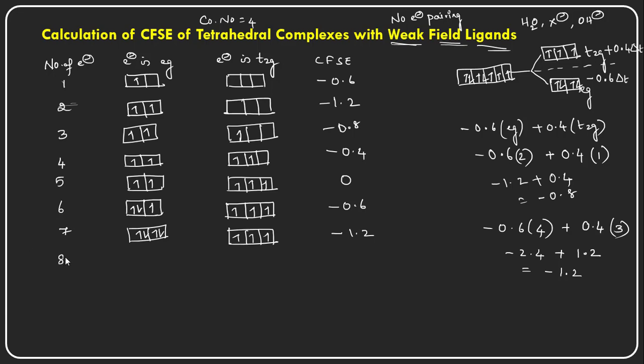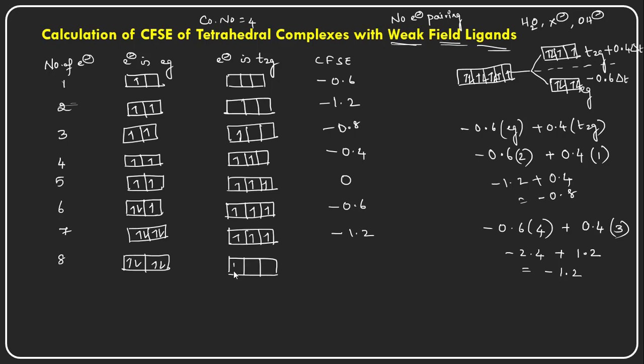So now the eighth point. Here four electrons have entered. At the eighth point, here I am pairing up. Now four electrons are over. This is fully filled, and the eighth electron will enter into the T2G orbital. So now again the value will decrease.